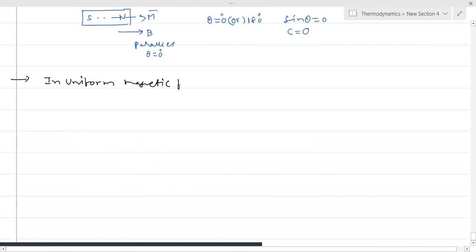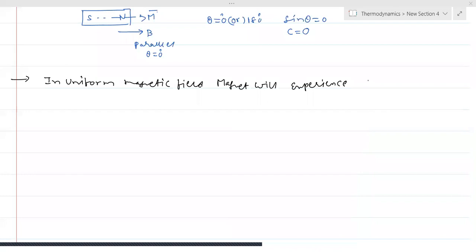In a uniform magnetic field, the magnet will experience only rotatory motion.